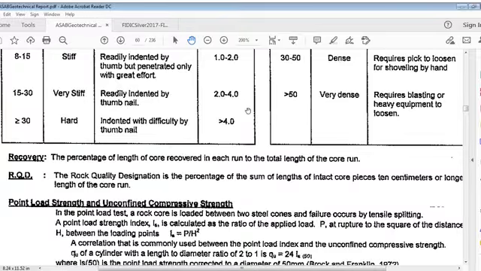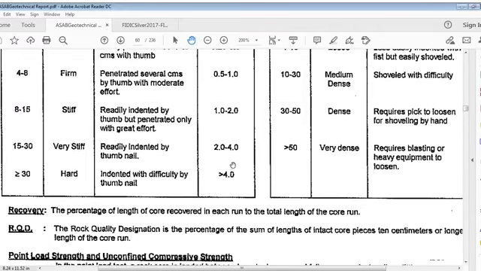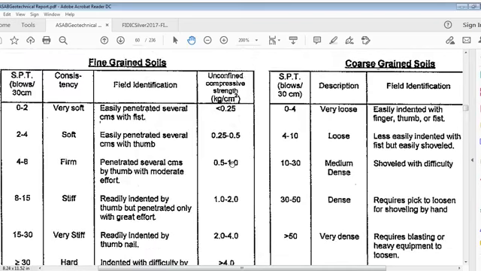So this is 2 to 4. And if it is greater than 30, it's hard, indented with difficulty by thumbnail, and its strength is greater than 4. So this is regarding fine soils.